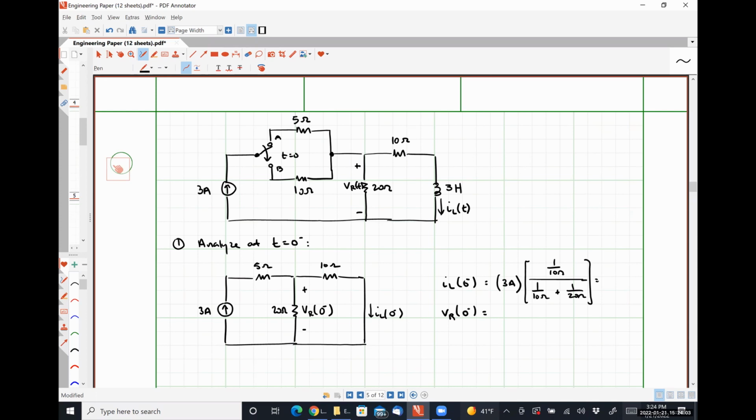All right, so we should be easily able to see that this is 2 amps. So how do we get VR? Sorry, what was that?